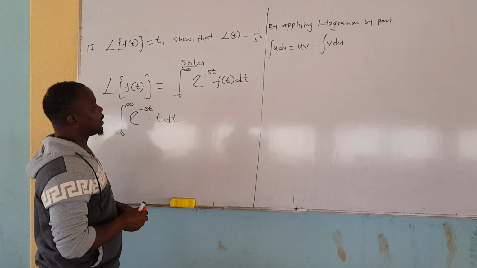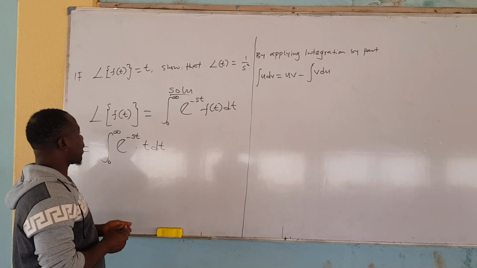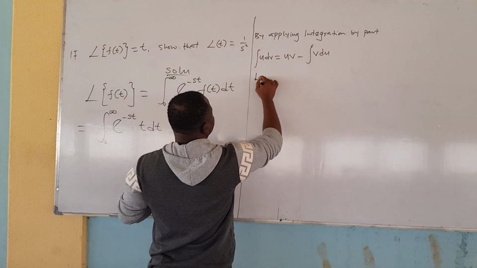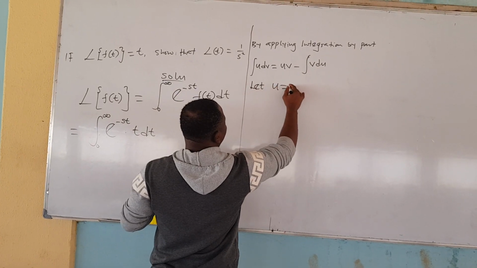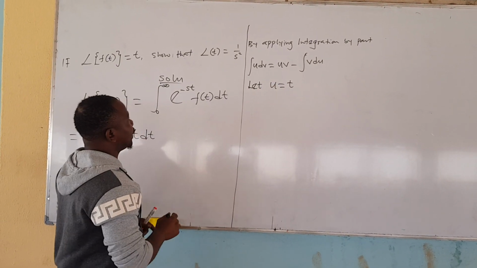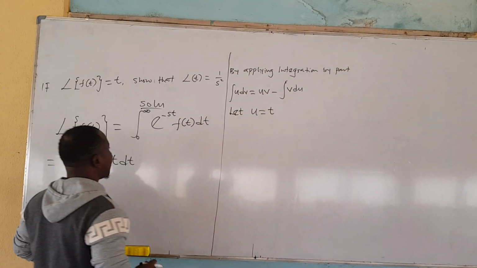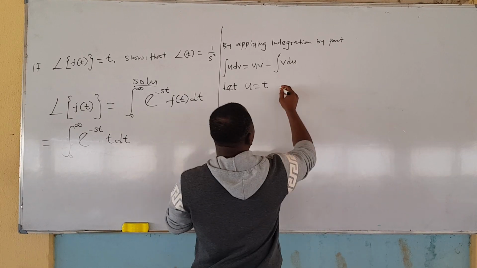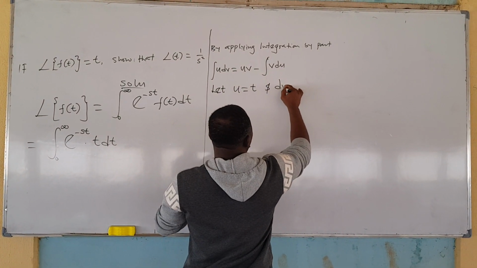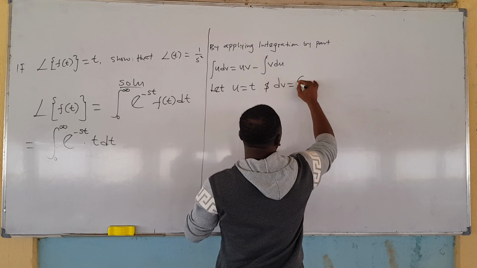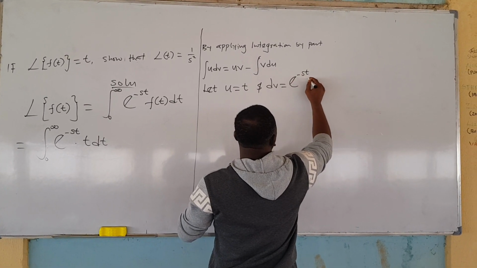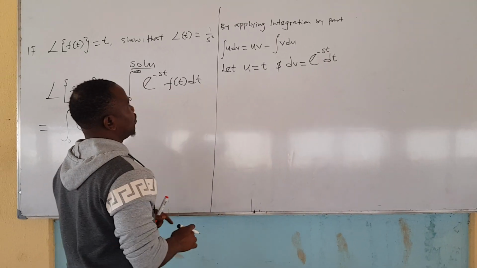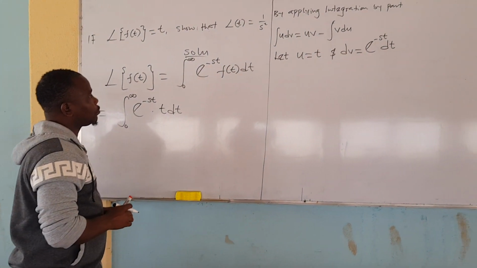In this integral, you know your u. We now write, let our u be equal to t, and let us find our dv. Our dv will now be exponential minus st dt. Okay.